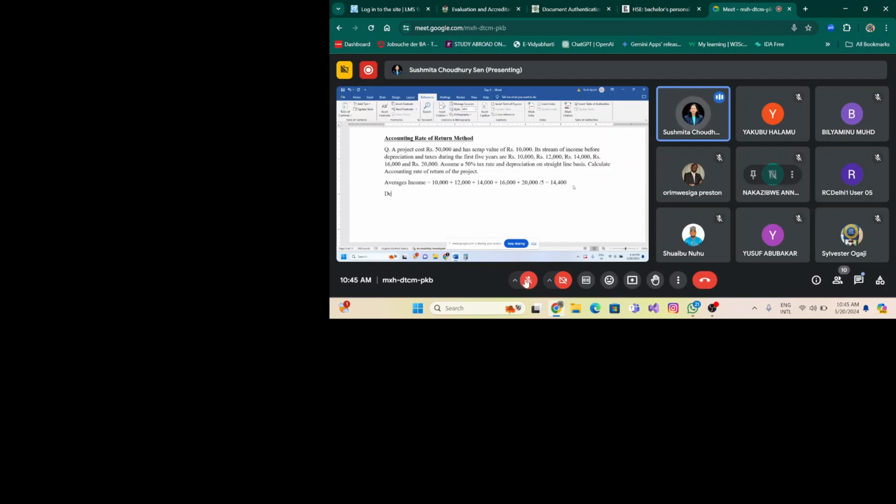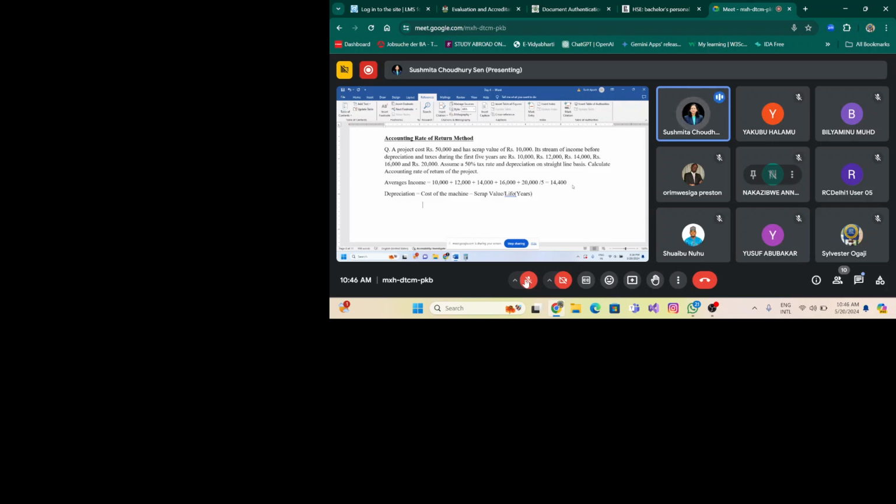There is a formula: depreciation is the cost of the project minus scrap value, divided by the life in number of years.